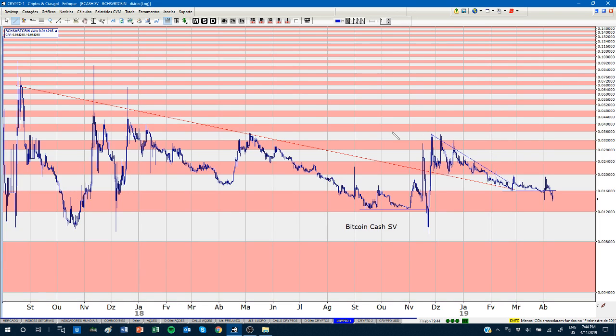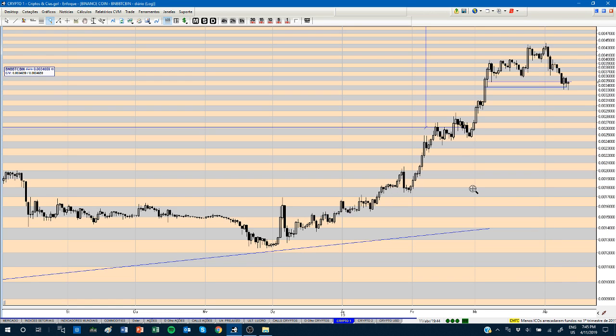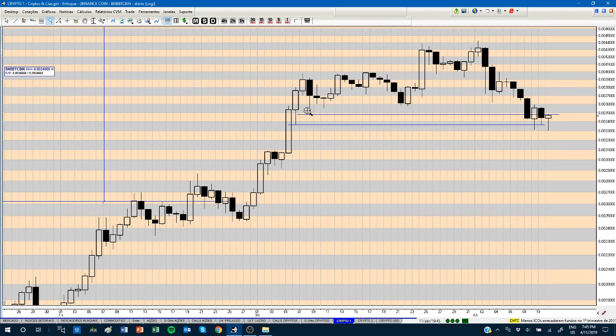So next one is Bitcoin SV, which broke this support. It's going down. It's losing the war against Bitcoin ABC. So I wouldn't touch that. Binance is apparently producing us a hammer in a support area. The support area is, it was here or here or here or here. It is holding up this level here. I think we're still in a support zone.